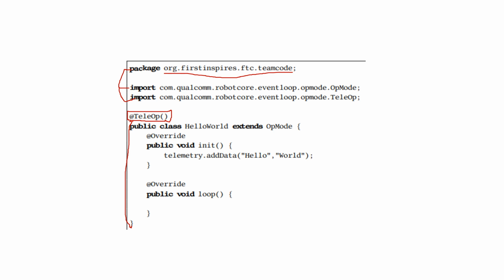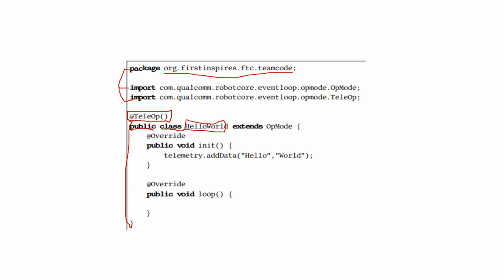The public here means that others can see it, and it's required for op modes. The class here means that we're defining a class, and that HelloWorld is the name of the class.